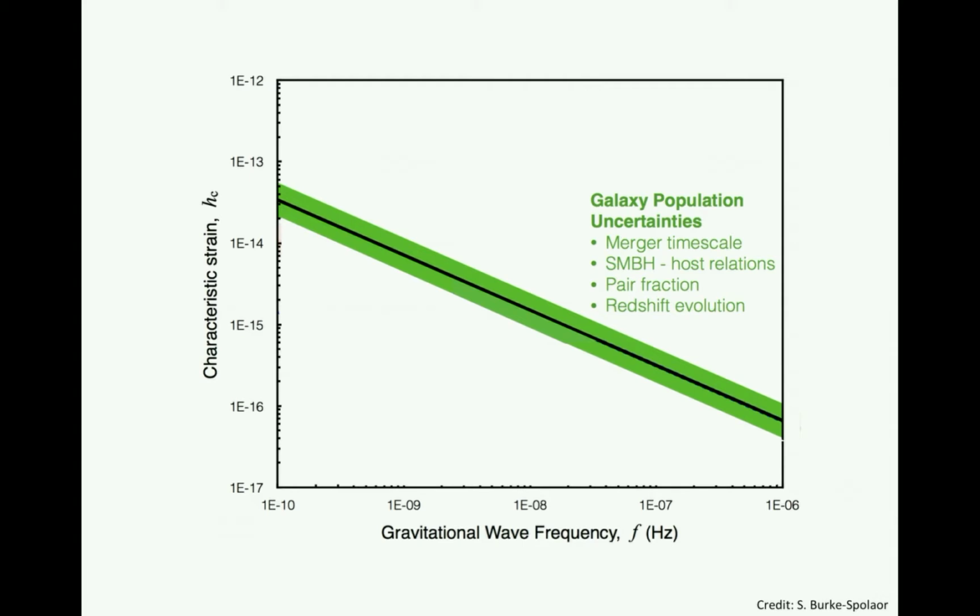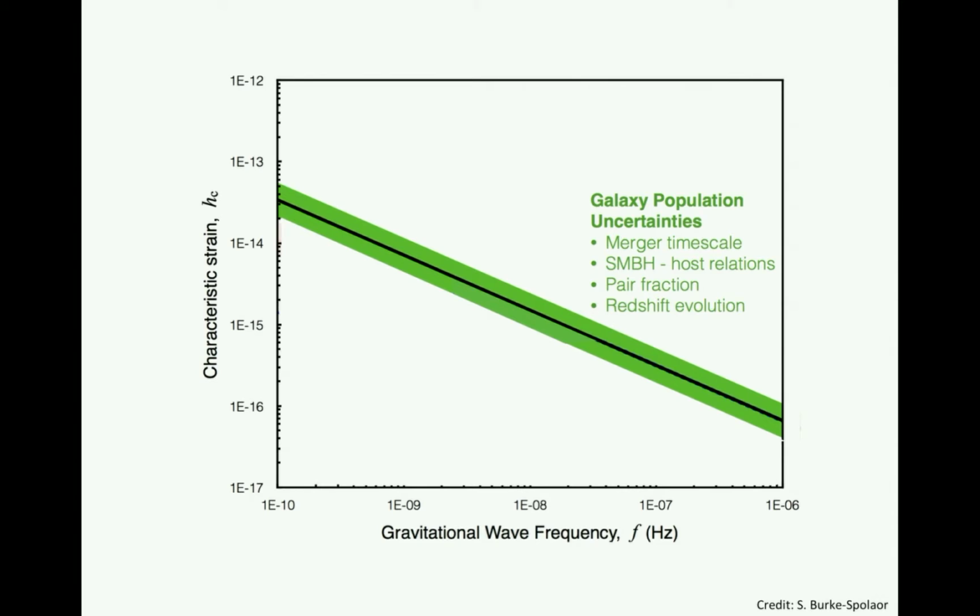The pair fraction is the number of merging systems there are in the universe, and all three of these are potentially evolving over redshift. As I said, this power law is a direct result from the gravitational wave emission being the primary evolutionary mechanism throughout the pulsar timing array band.